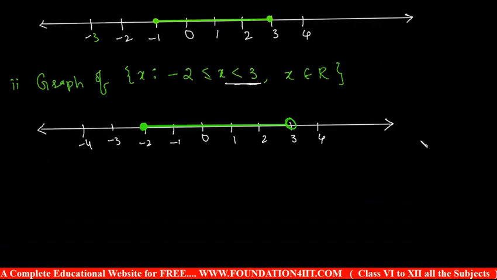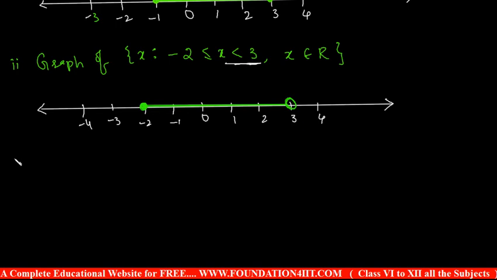Let us see another one. The graph of x such that 1 is less than x, and x is less than 5, and x belongs to the real numbers.